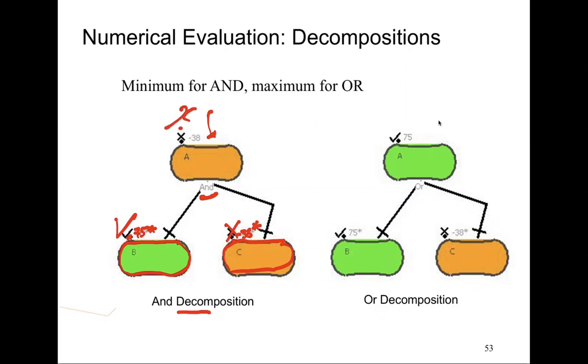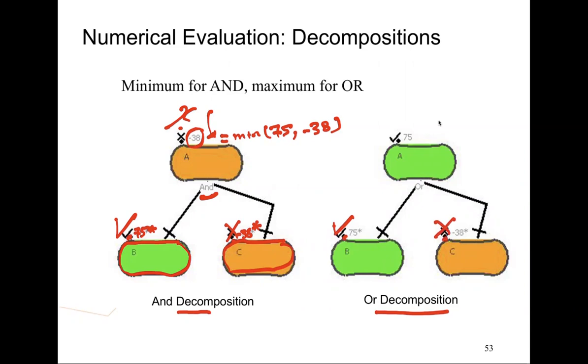That is if you're going to use qualitative values. If you're going to use numeric values, the value will be the minimum of the 75 as well as the negative 38, so it would be negative 38. On the other hand, if we do OR decomposition, we take the max of the two numbers. If this is weakly satisfied and this is weakly denied, we take the max, which is 75.